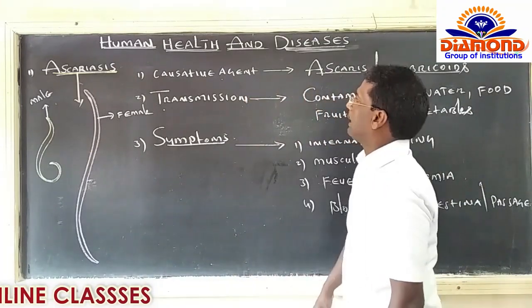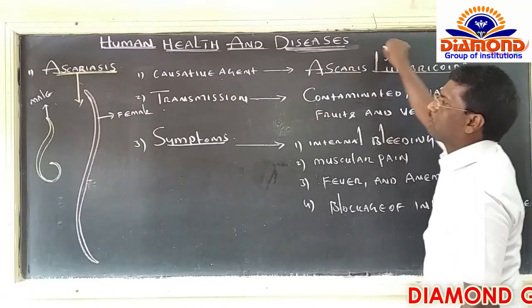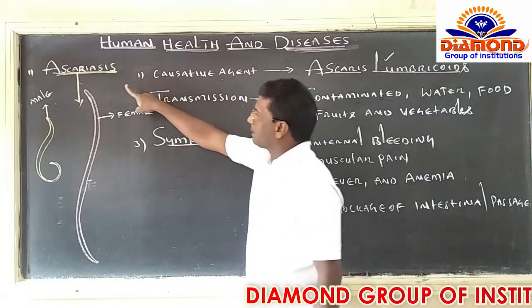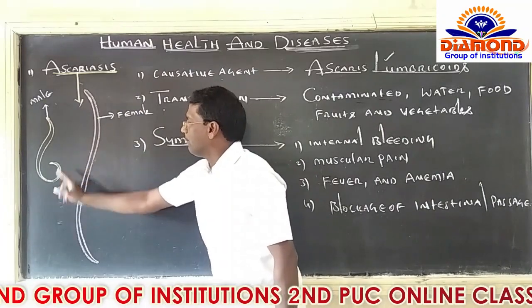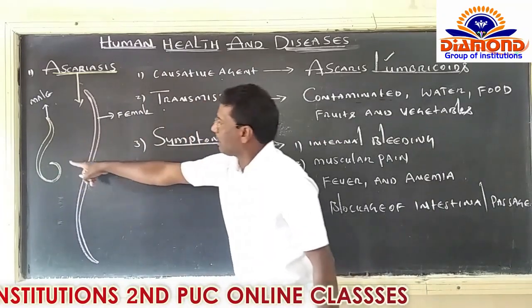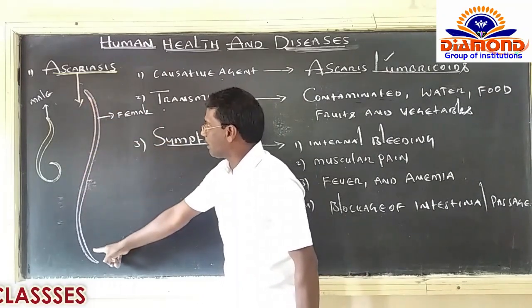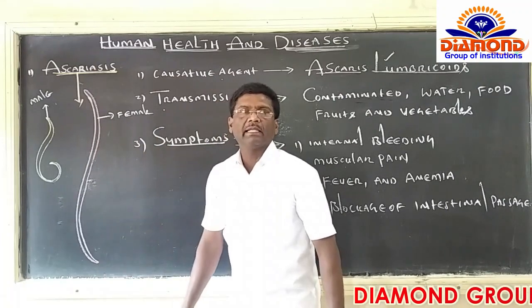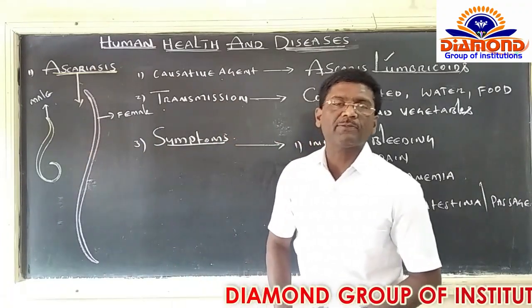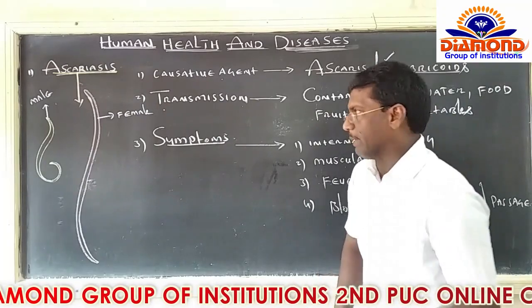So Ascaris lumbricoides, the causative agent of ascariasis disease, belongs to Nematoda or Nematohelminthes. Male organisms are very short, but female Ascaris lumbricoides are very long and lengthy. This is the morphological difference between Ascaris male and Ascaris female.